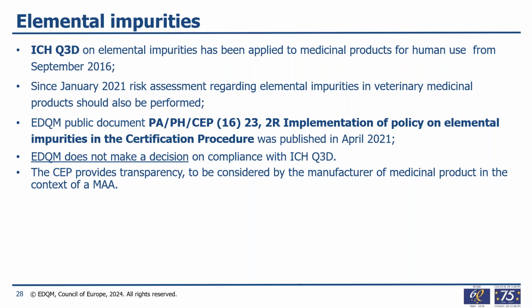revised in April 2021. So it should be mentioned that ICH Q3D applies for finished product, not for APIs, and the EDQM does not take decision on the compliance with ICH Q3D. However, the CEP provides transparency on the use of elemental impurities to be considered by the manufacturers of finished products in the context of marketing authorization applications.